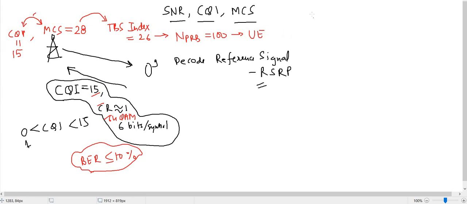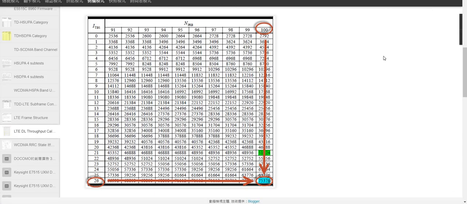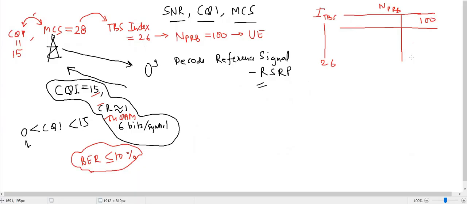So as we have seen, for transport block size index 26 and NPRB 100, bits which can be transmitted per subframe are 75376.